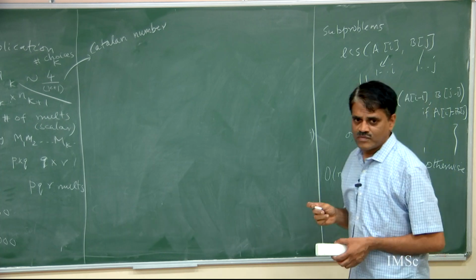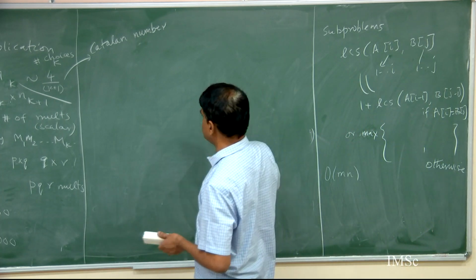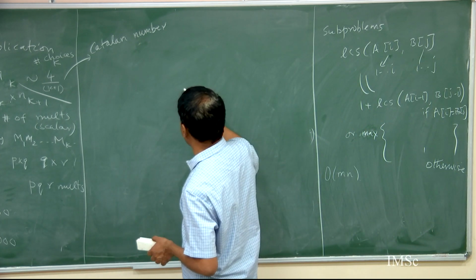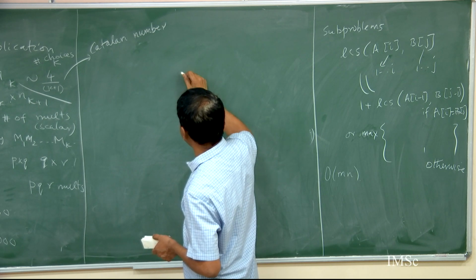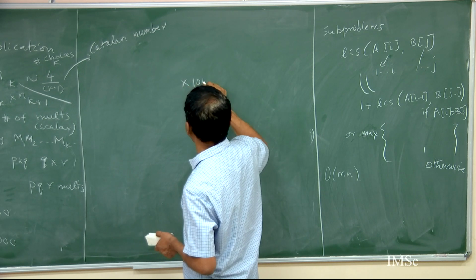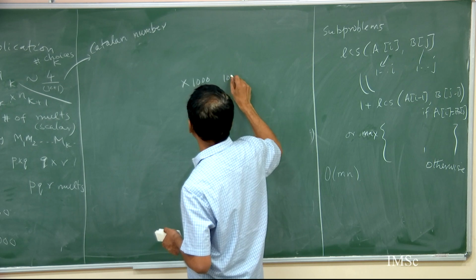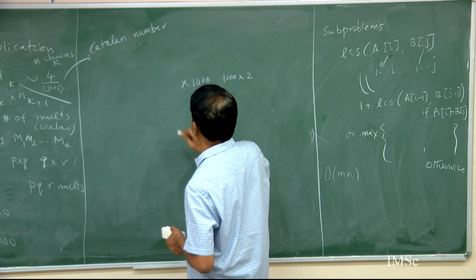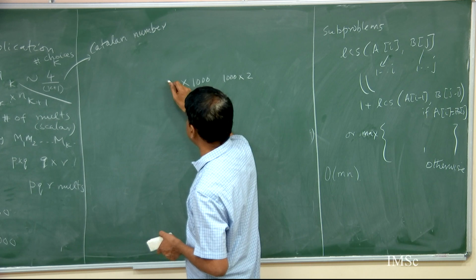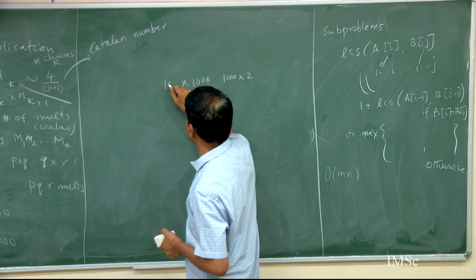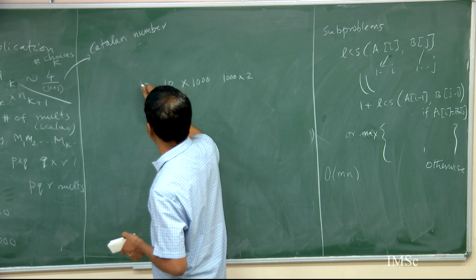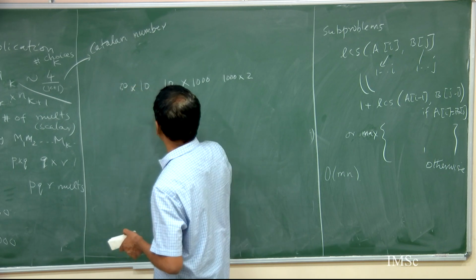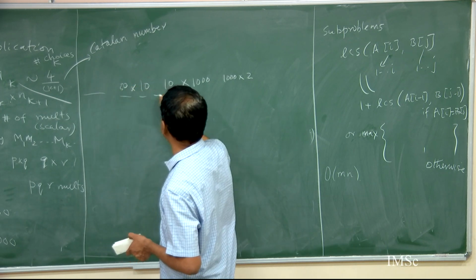No, there's nothing to do with ordering. Suppose I have a matrix which has some dimension 1000, and then the next matrix is 1000 by 2, and then maybe 10 by 1000 or something, and then there is 10 by 50.